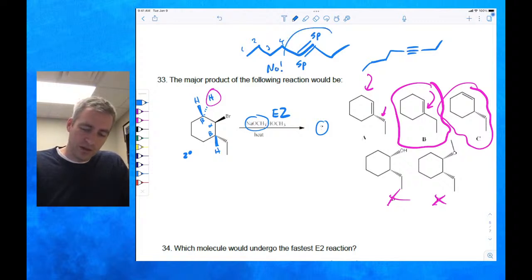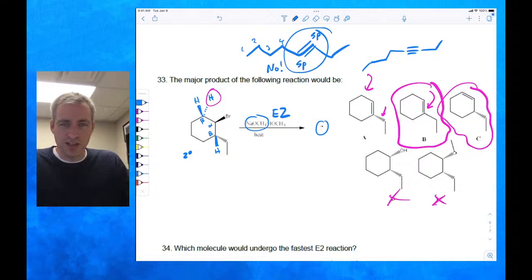Those types of bond angles make my eyes bleed, and that looks bad too. So please don't draw them like that. If it's sp2, no dashed or wedged bonds. If it's sp, just a straight line, bond angles of 180.